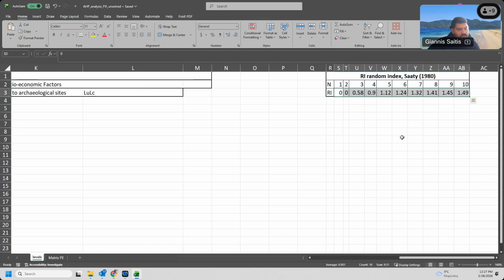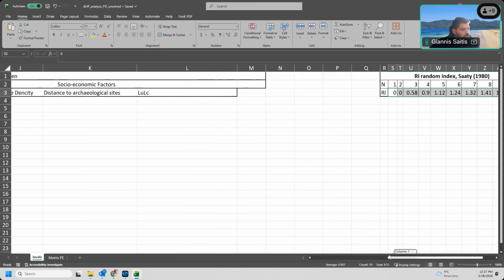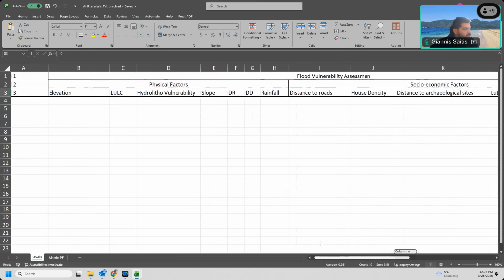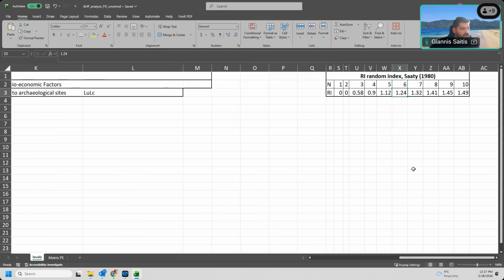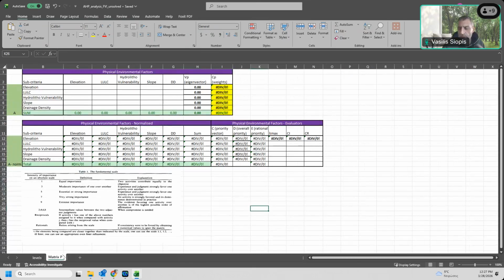Here you see this number changes depending on how many variables we are using. For this example, we are going to do 1, 2, 3, 6. The number we are going to use later on is 1.24. This is done statistically. We put it in our equations as it is. Those are fixed numbers.